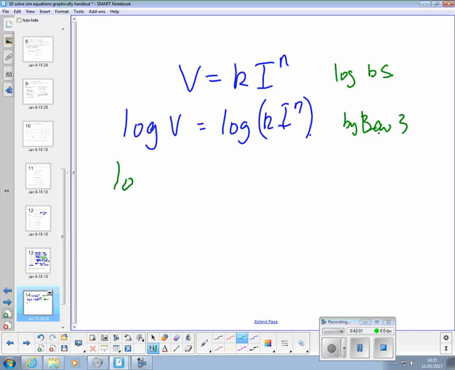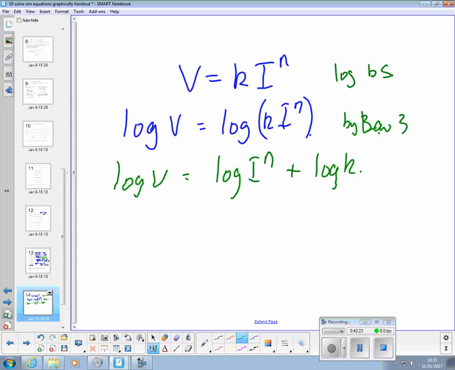We can write log of v is equal to the log of i to the n plus the log of k. So now what can we do with the log of k?